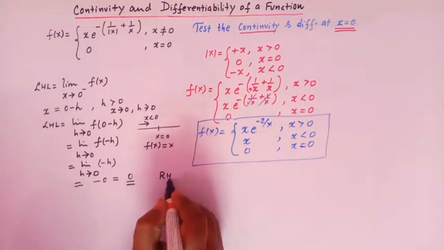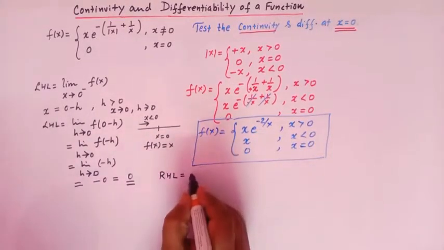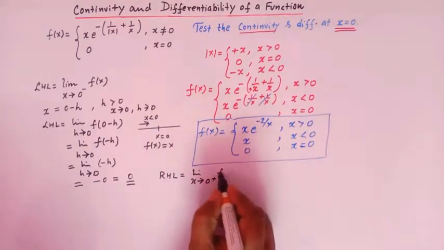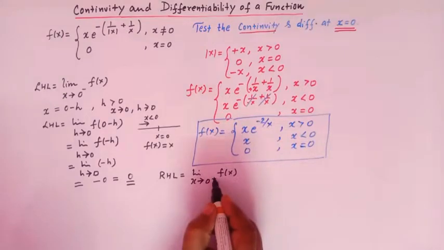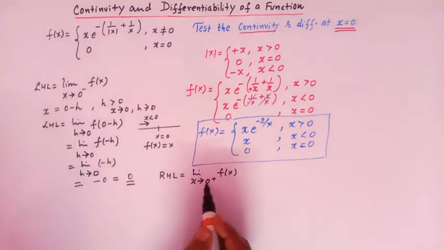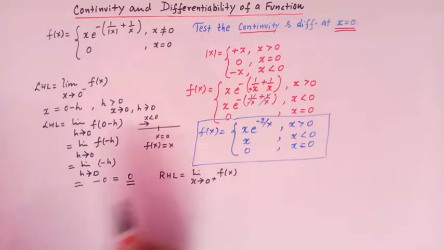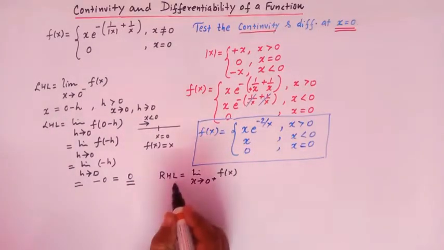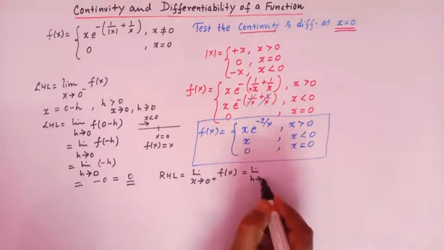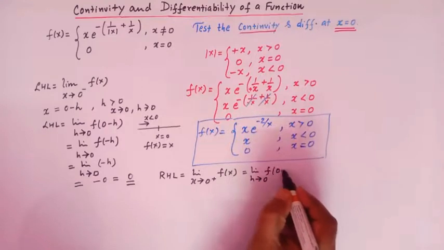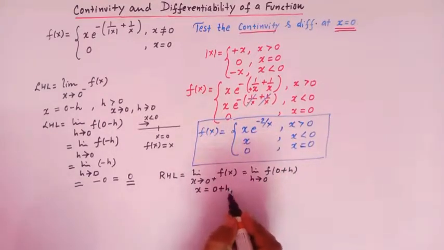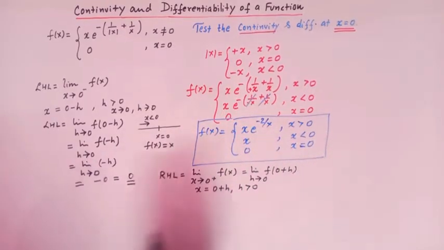Now to calculate right hand limit, we have limit x tends to 0 plus f of x, right? So this notation is for left hand limit, and this notation, that is positive sign, is for right hand limit, right? So now we have limit h tends to 0 and we have f of 0 plus h, because we'll take x equal to 0 plus h where h is greater than 0.